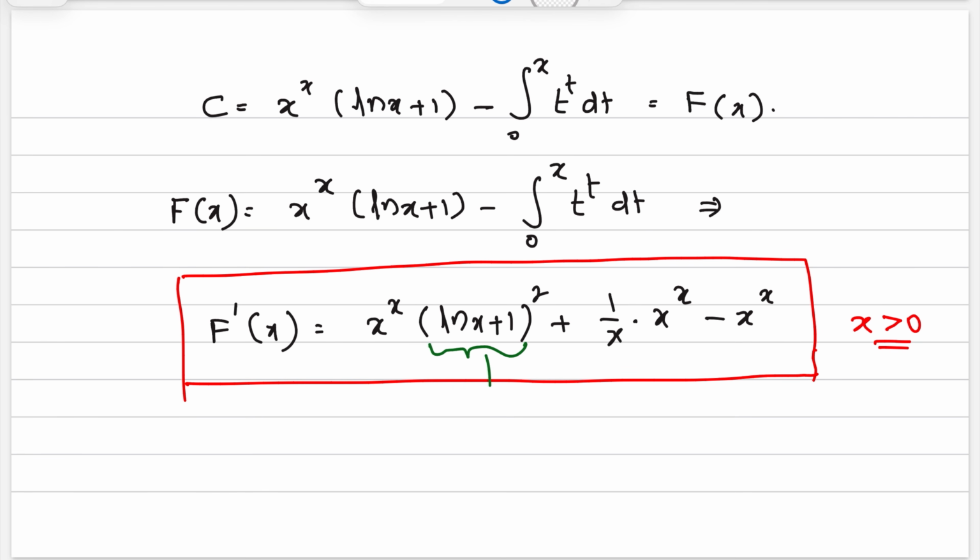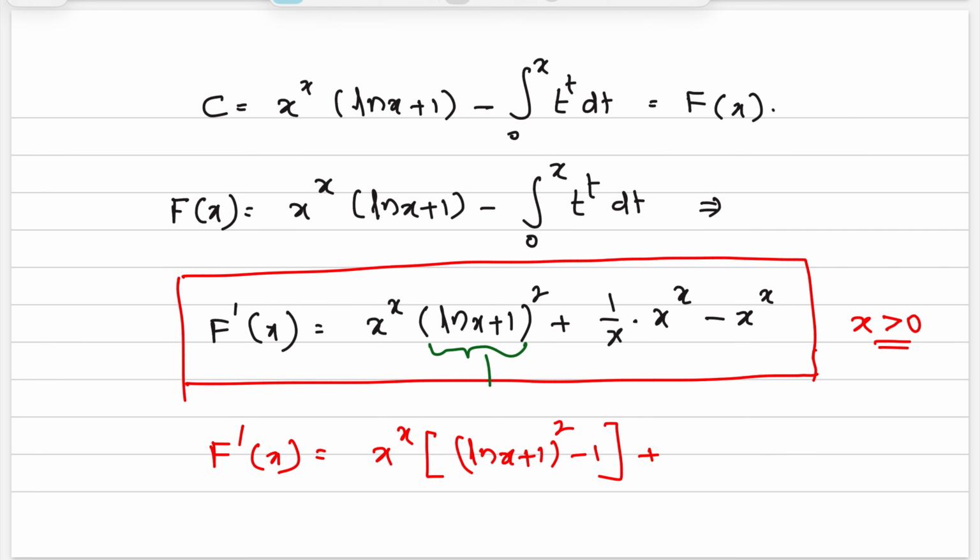Now, f dash x, let us see. Let us try to understand the behavior. x to the power of x into ln x plus 1 whole square minus 1 plus, let me write x to the power of x, let me take it out, minus 1 plus 1 by x.